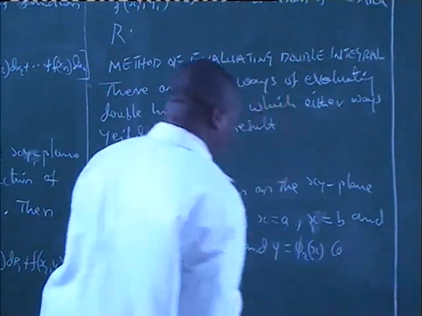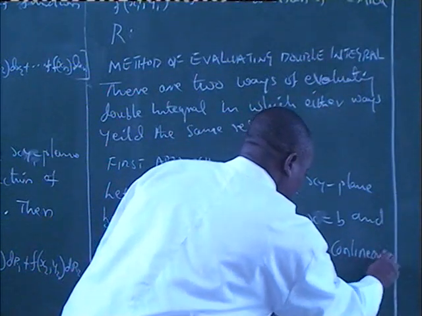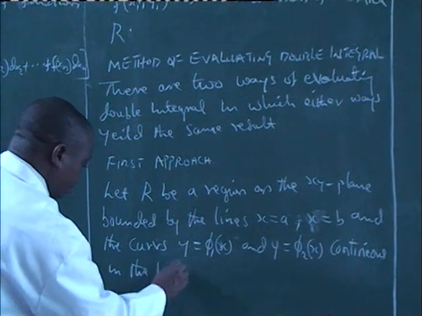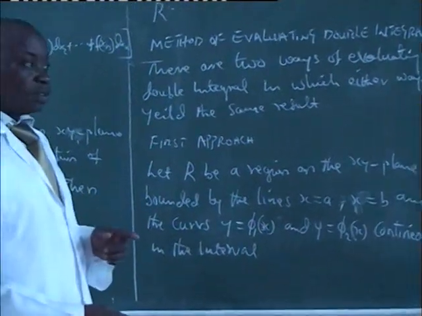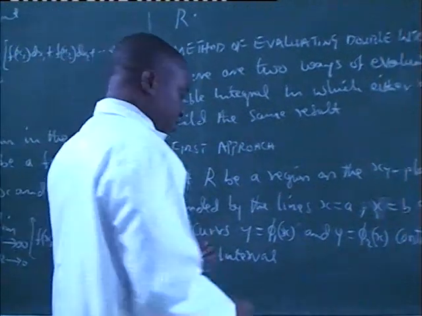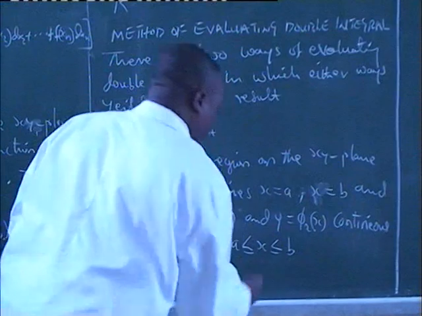These curves are continuous in the interval a less than or equal to x less than or equal to b.